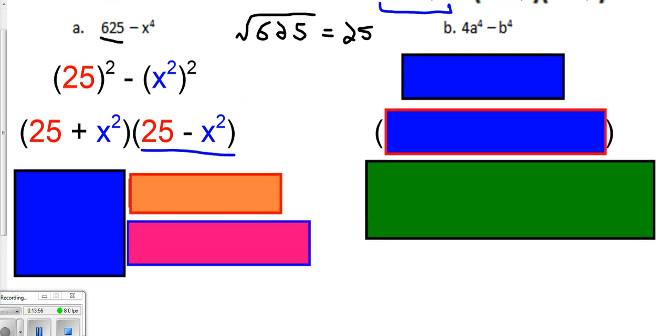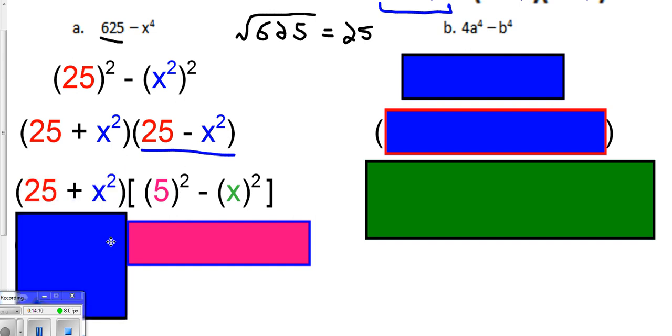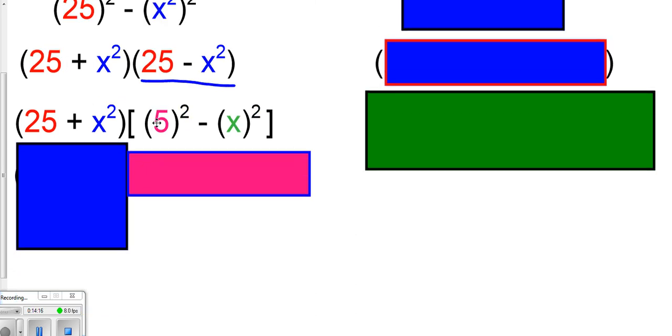So we can break those up into 5 to the power of 2 and x to the power of 2. Now because this is just this binomial, the other binomial, the other factor, has to stay. So it didn't go anywhere. It's still there. It's still part of our solution. It's just kind of separate because we're already done with that one.